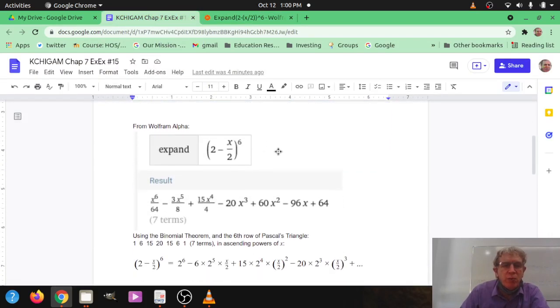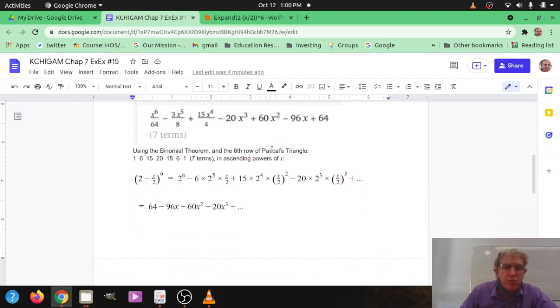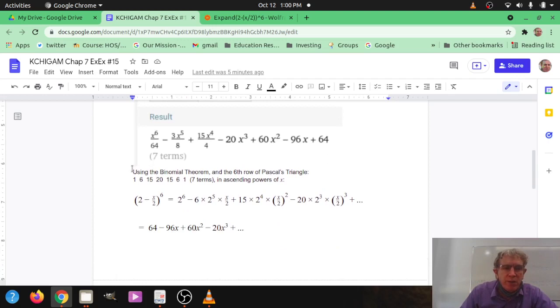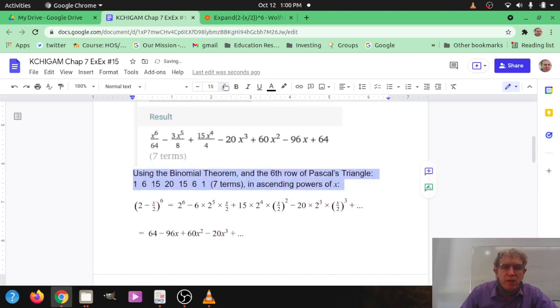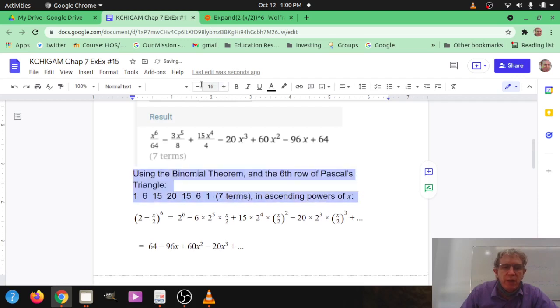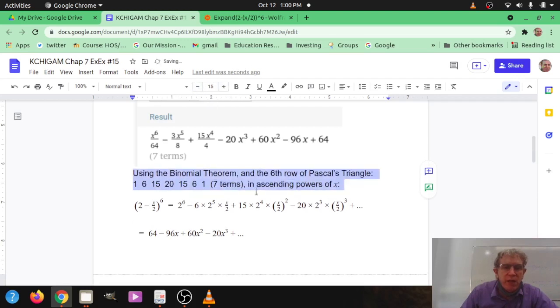So now, on your homework, you might just cut and paste that into your homework, or you might just use it. So I'm going to write, using the binomial theorem and the 6th row of Pascal's triangle, as I've already said, and I'm going to write in ascending powers of x.